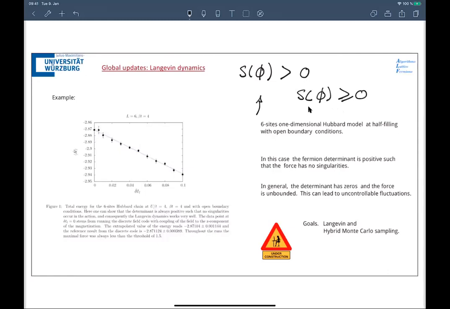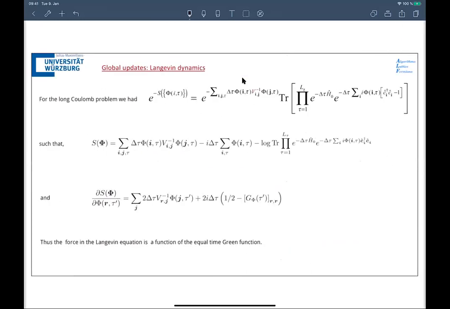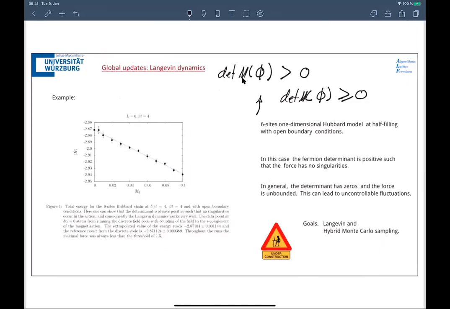In our case, the determinant is always bigger than 0. The action has the log of the fermion determinant, so it never diverges. It's always something which is finite. So this is the case for the 6-site one-dimensional Hubbard model at half-filling, again with open boundary conditions.